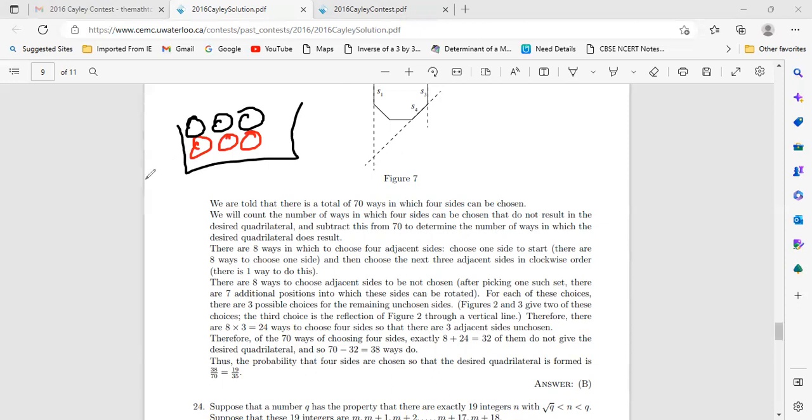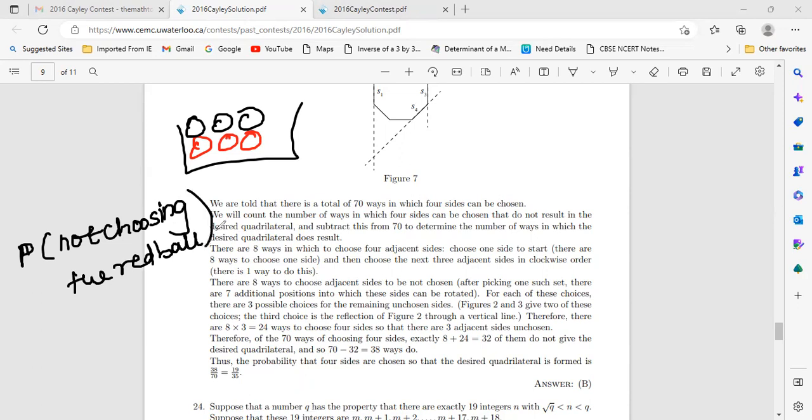If they're asking you to find the probability of not choosing the red ball, it means you will obviously find the result for choosing the black ball, isn't it?